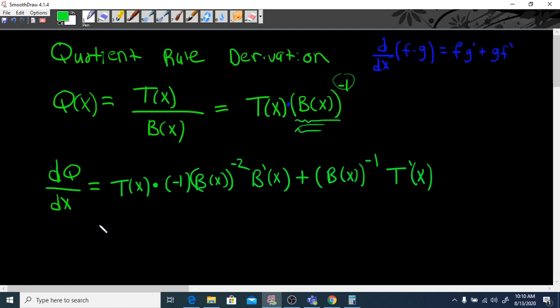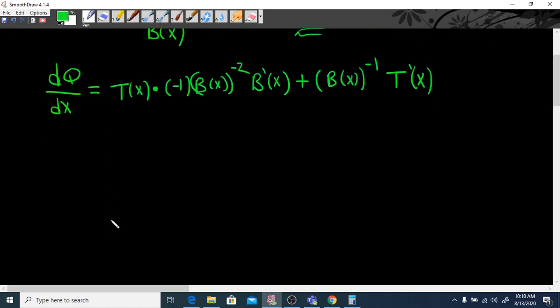Now let's see what we can do from here. So we're going to have the top function times, and then let's see what this is going to be.